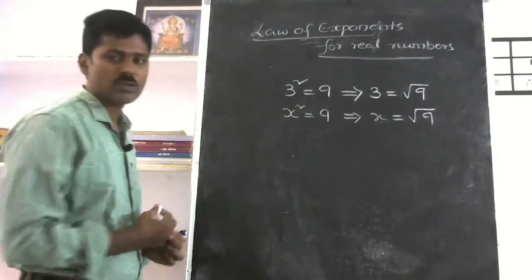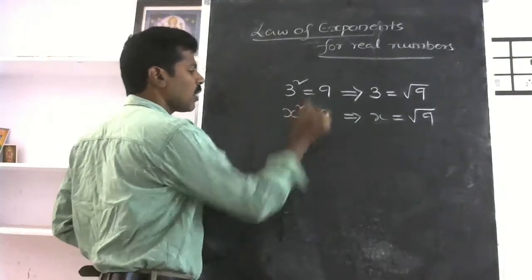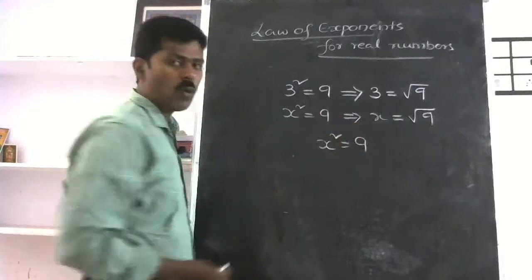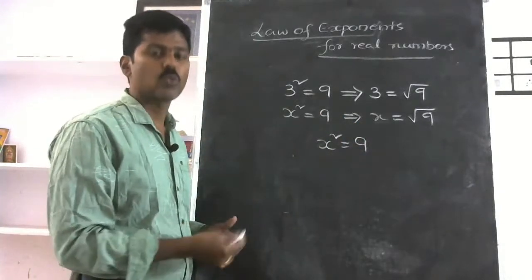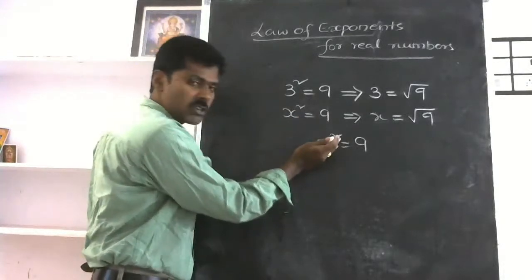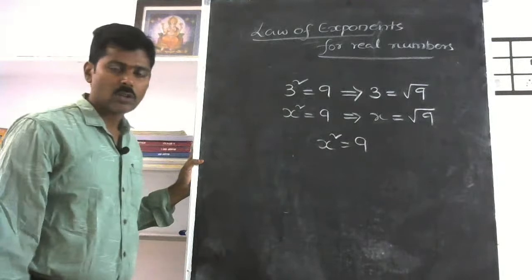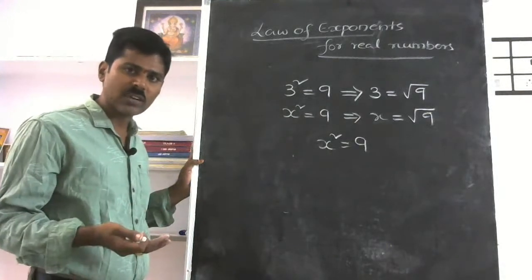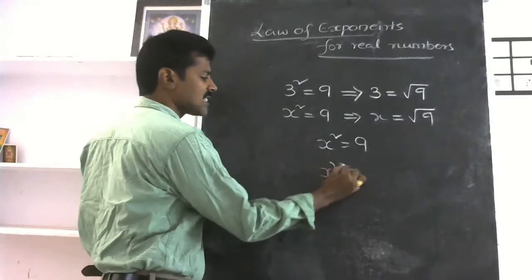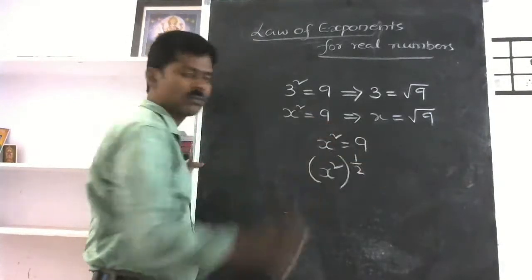Once you observe that x square is equal to 9, now I want x. To get x, I have to raise this power to some extent so that I get x. How much should I raise the power? As it is 2, that 2 should be cancelled, so I have to raise this power to 1 by 2.